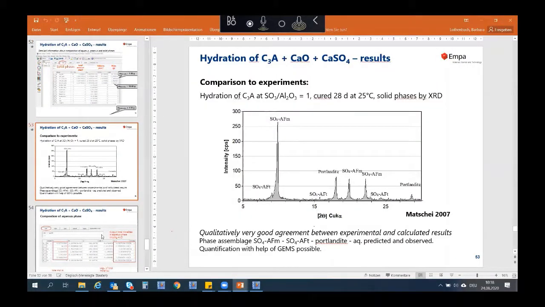We can compare what we got with experimental results. This is an example from Thomas Matschei in 2007, published in CCR and in his thesis. And there we see that he has formed monosulfate, portlandite, and very little ettringite, which is what we have predicted.